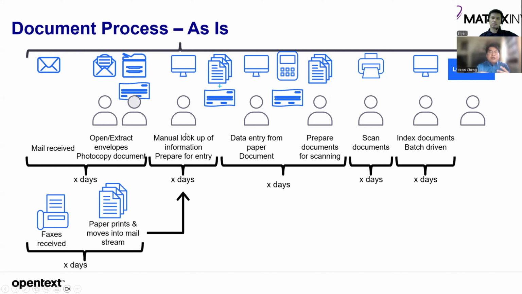The staff will then manually look it up and sort it into the right document type. Is it an invoice? Is it an onboarding form? Or is it some other process that they need to route to certain departments? Once that's done, they route it to the departments, and then they manually input these documents, which takes time.